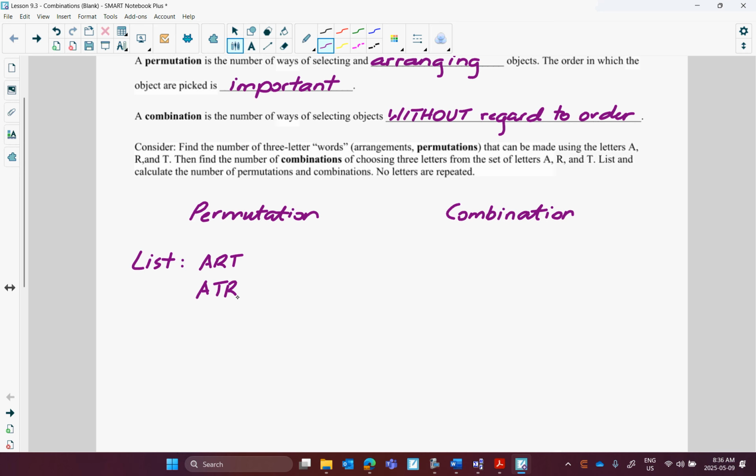If I write a word beginning with R, those are the only words I can write. And if I write a word beginning with T, those are the only words I can write. So there's 6. Those are all the different words we can write. There's no other possibility.